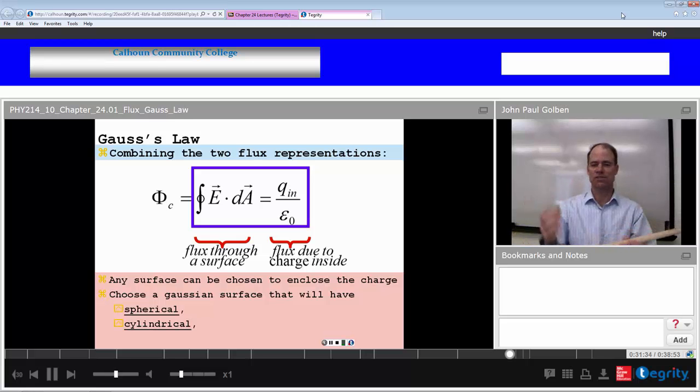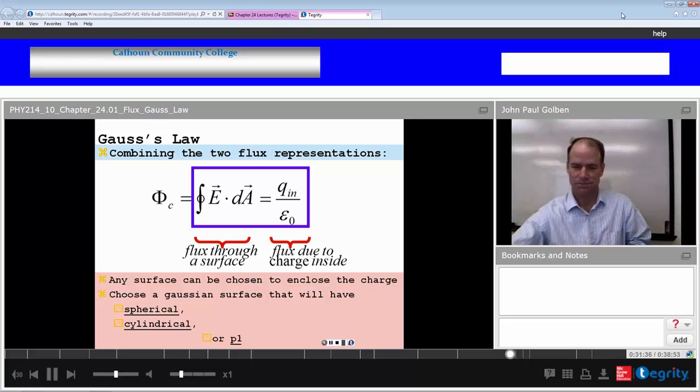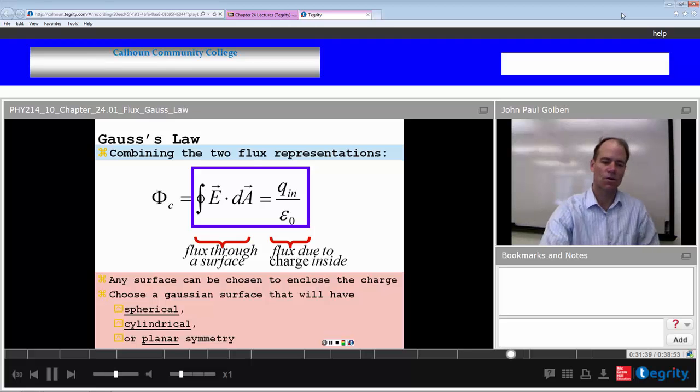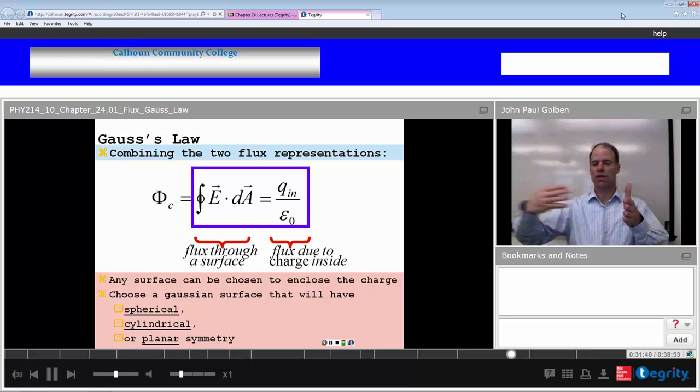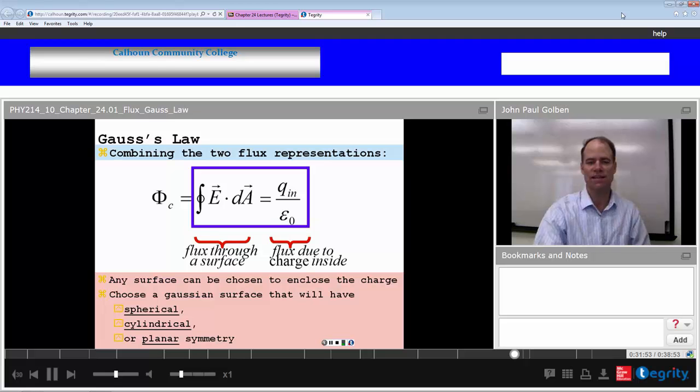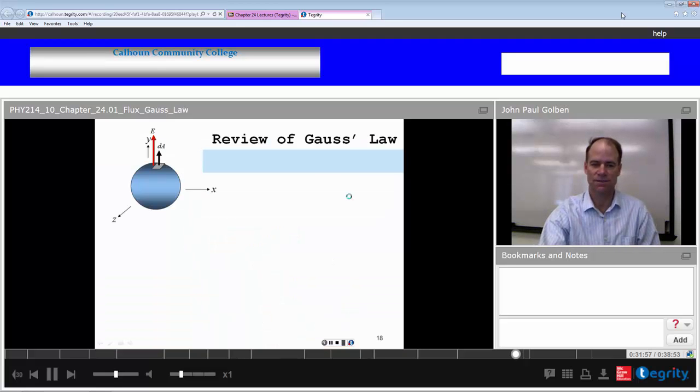So we choose a cylinder in that case. Or planar symmetry. If we had a plane parallel E field, then we might choose a Gaussian surface that's just a plane, or some kind of surface that has planar sides. And we'll use that to calculate the E field in that particular case.